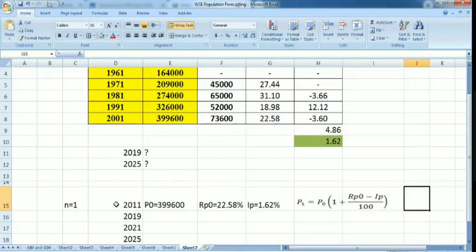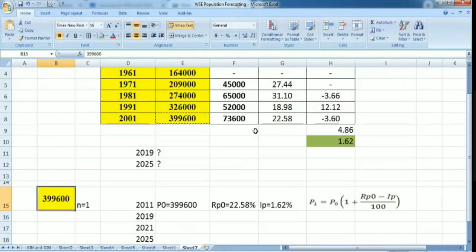Fine. Now can you calculate this? The P naught value we know, that is 3 lakh. Somewhere I'll just write it. This is 22.58 because I'll be making use of this in the formula. Now let us calculate this value.